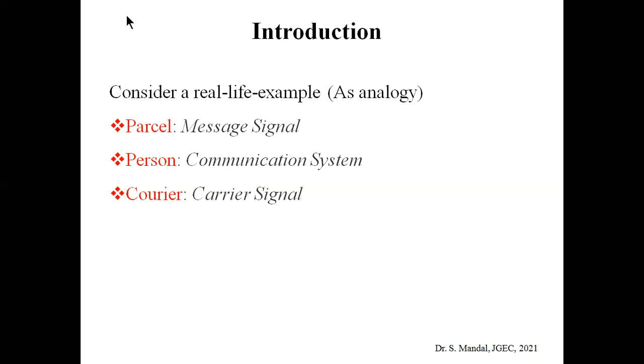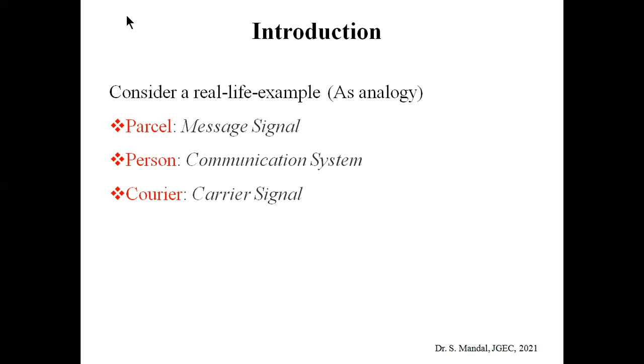Right now, just remember that a system cannot send a message signal which consists of low frequency over a long distance. So to send the message signal over a long distance using wireless communication, we need a high frequency signal that is called in communication the carrier signal. You can assume the courier as the carrier signal.